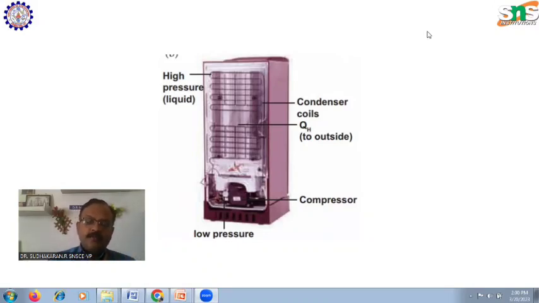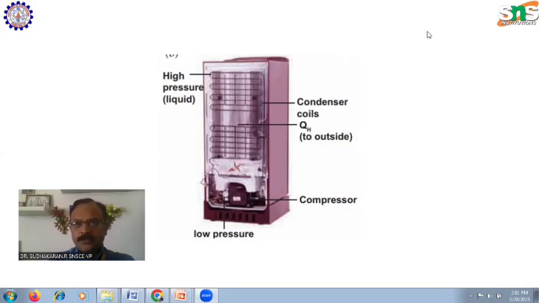So what is the statement of second law of thermodynamics? It is impossible to construct a device which, working in a cyclic process, can transfer heat from a low temperature body to a high temperature body without the aid of any external work. So this is the statement of second law of thermodynamics, and the refrigerator clearly functions as per the second law of thermodynamics.